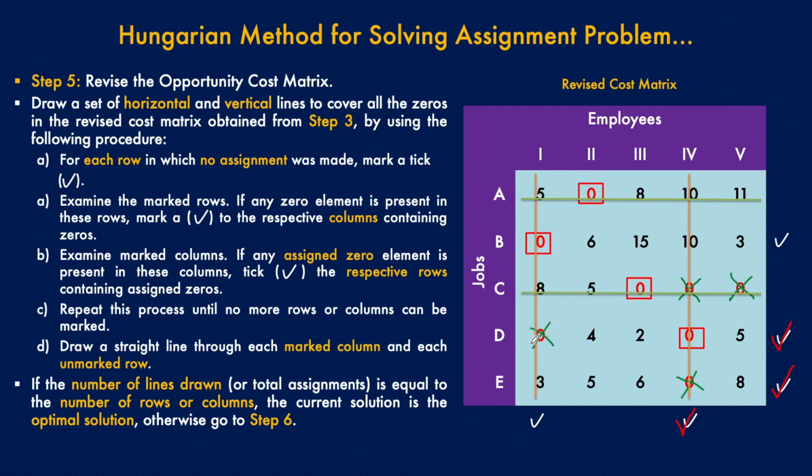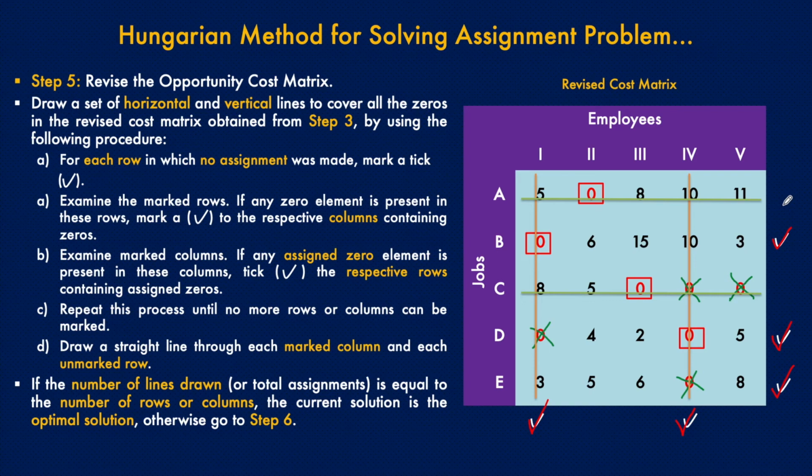So you just choose this particular column. Immediately after choosing this column, you observe, is there any assigned 0 element in this column? Yes, we have this 0 as assigned. So you just choose this particular row. After that, observe, is there any other 0 element in this particular row? There is no other 0 element. So our tick marking process is stopped. Until such a condition comes, you have to put all the tick marks row wise as well as column wise.